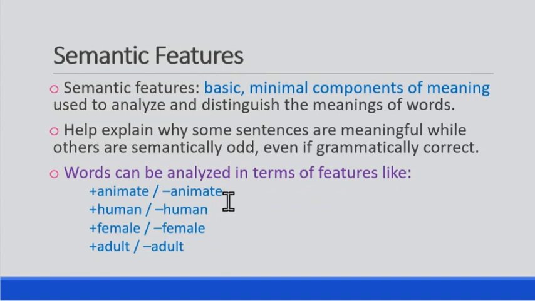For example, words can be analyzed in terms of features like animate or inanimate. Minus animate means the word does not have movement, or inanimate meaning the words do not have any movement.